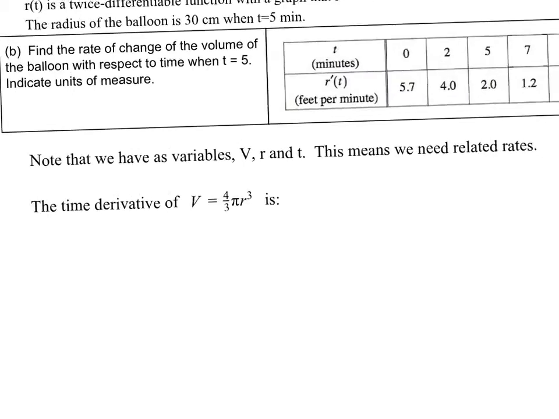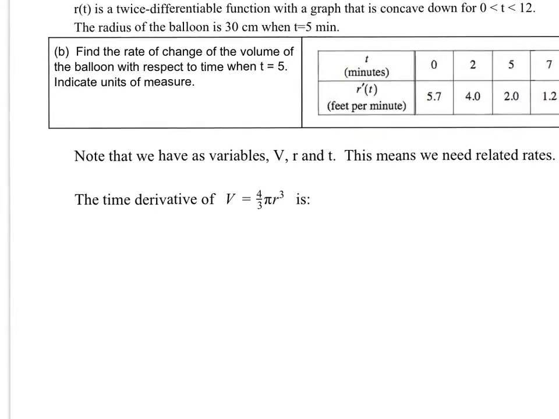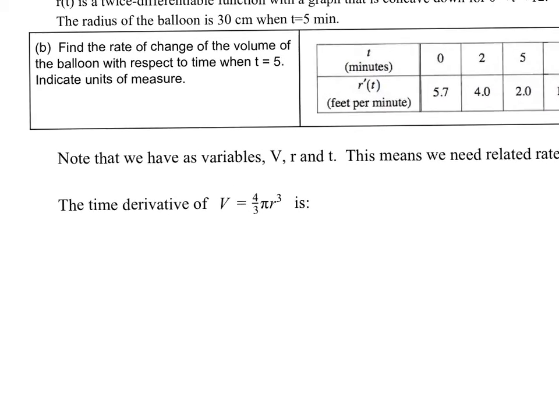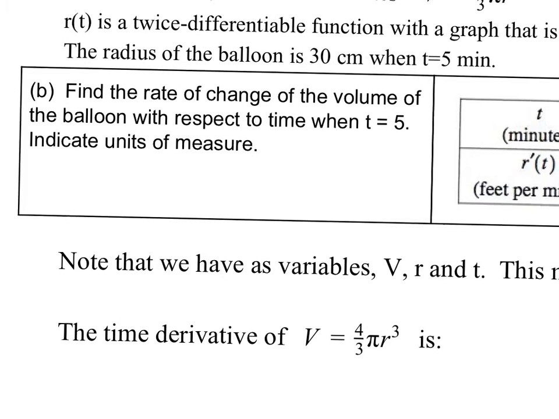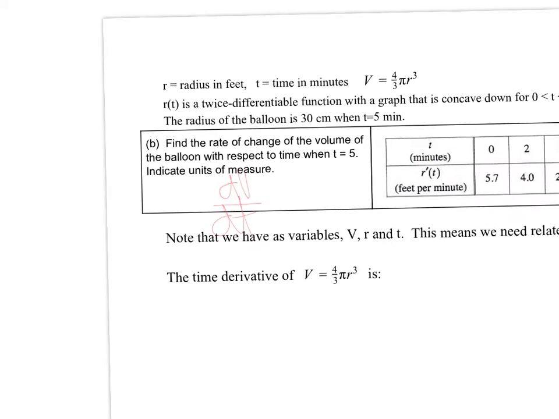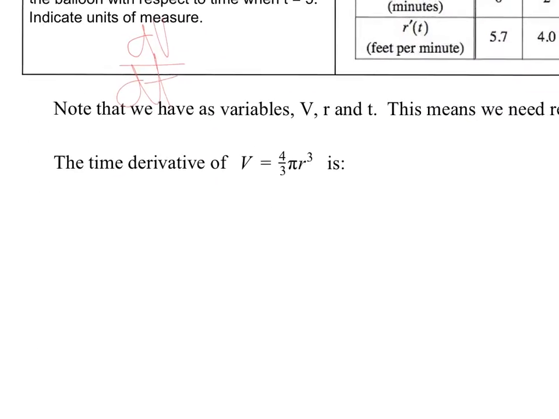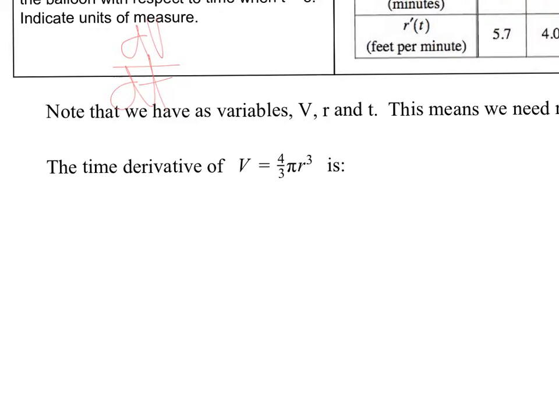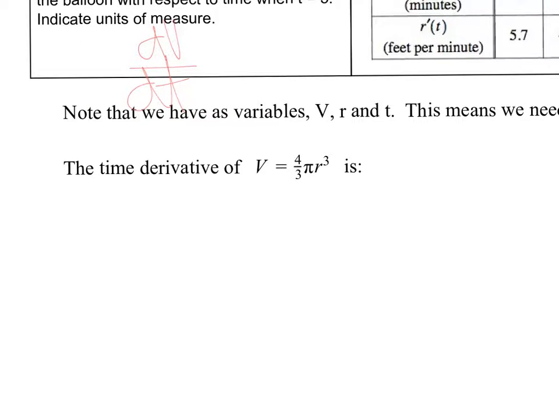Okay, so first things first, it says find the rate of change of the volume with respect to time. So we need to convert that question into calculus-based language. So they want us to find dV by dt. Okay, that's the goal. So we need to get dV by dt using the equation that's given. So what is the derivative of that?